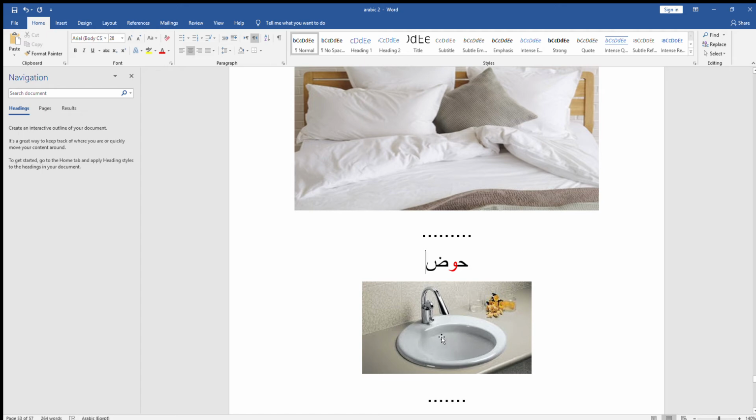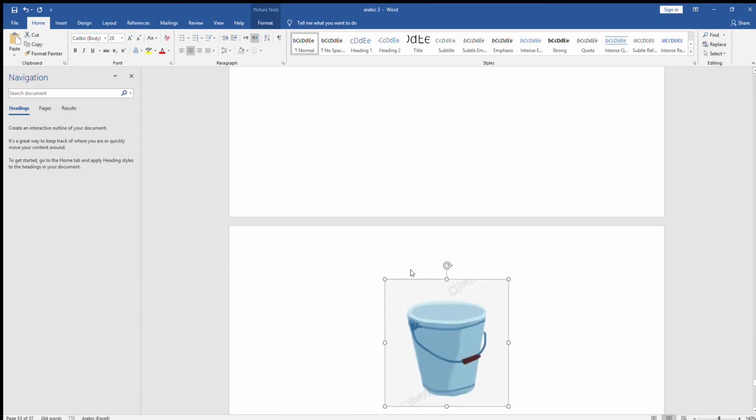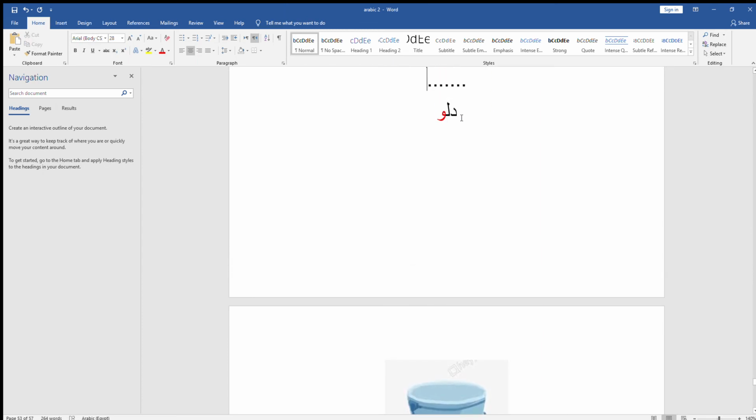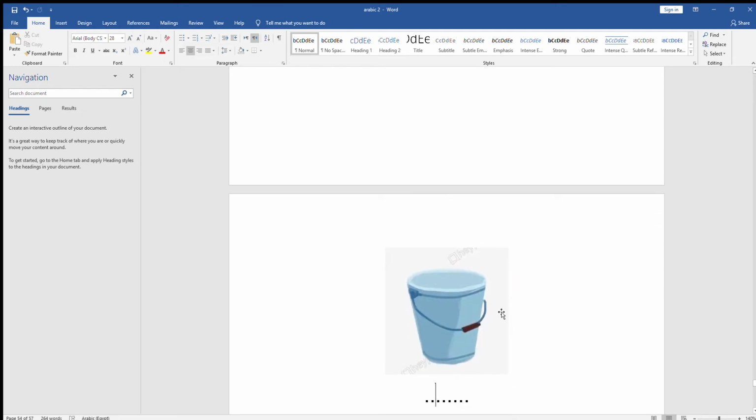This is حوض. هذا حوض. تمام. Waw is not attached to ضاد. Recognize that. دلو, waw at the end of word like دلو. Waw is attached to lam. Easy. Okay. This is دلو.